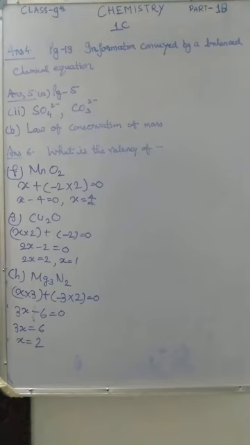Okay. Now next one is your question number 7. Why should an equation be balanced? This question is asked in the previous exercise also. So your answer is given in page number 11, that why should an equation be balanced.